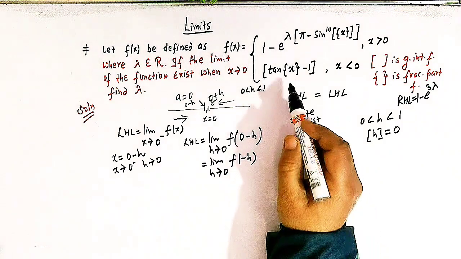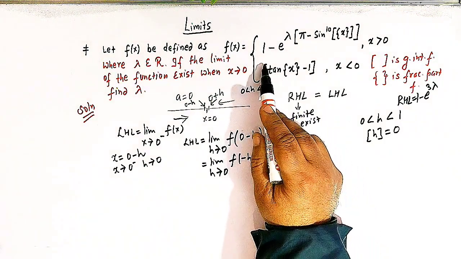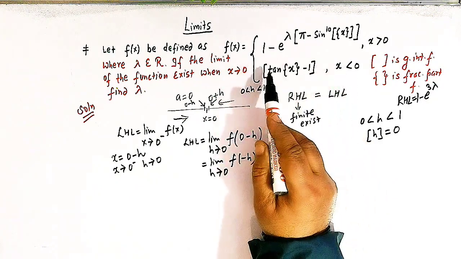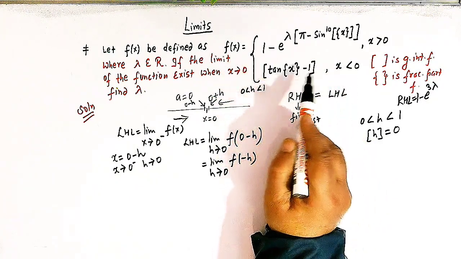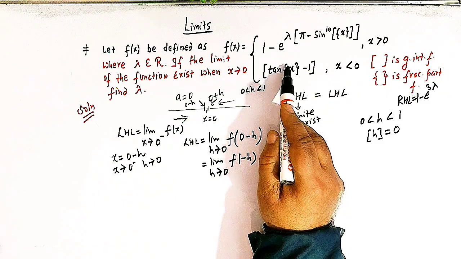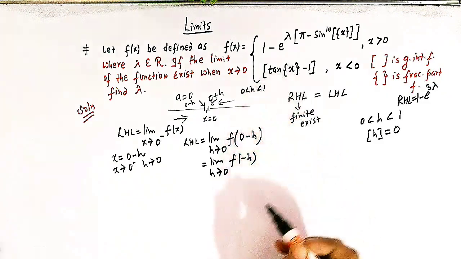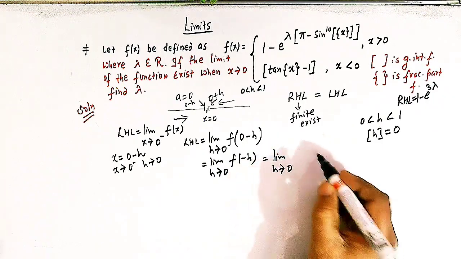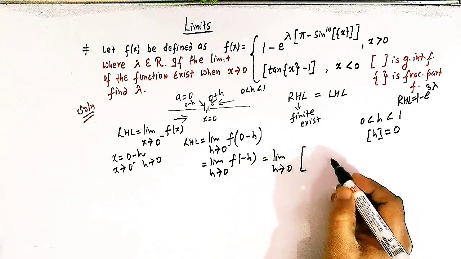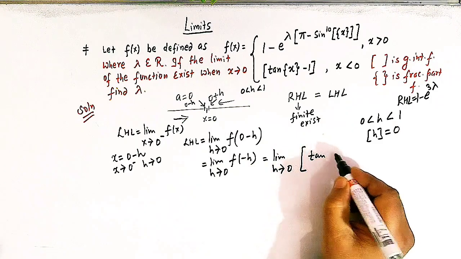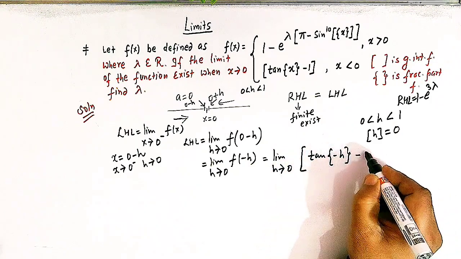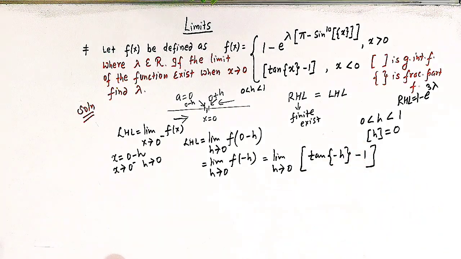Okay, so now here we have the function that for x less than 0, f of x is greatest integer of tan of fractional part of x minus 1. So now we have limit h tends to 0, and here we have the greatest integer of tan of fractional part of minus h, and here we have minus 1, right?